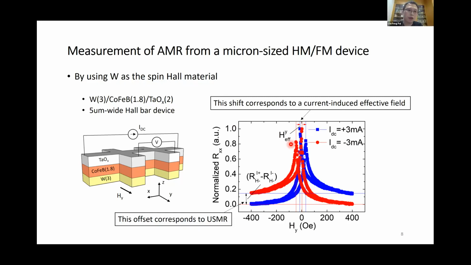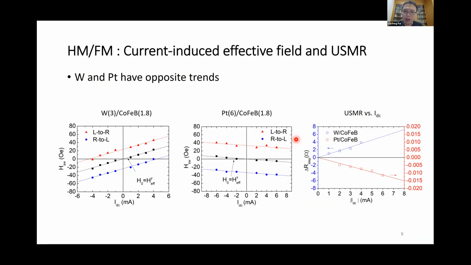Yes, for the tungsten device, it's very obvious. In fact, we started from using AC measurement, and we realized that for tungsten devices, the AC measurement is probably not necessary. So we switched to DC. But that's not the case for platinum base. For platinum base, as I show over here, you'll see that the USMR per current is actually very small.